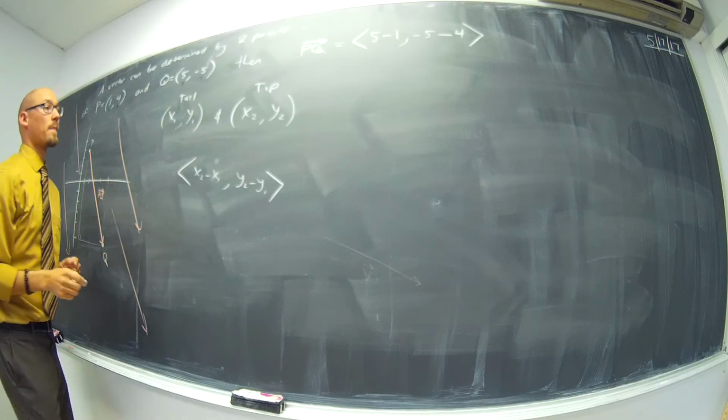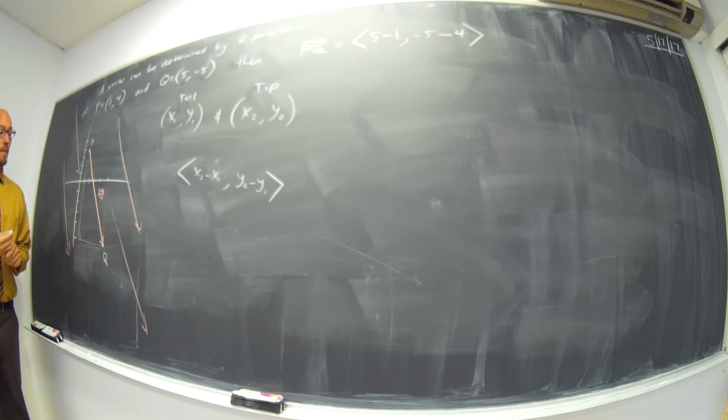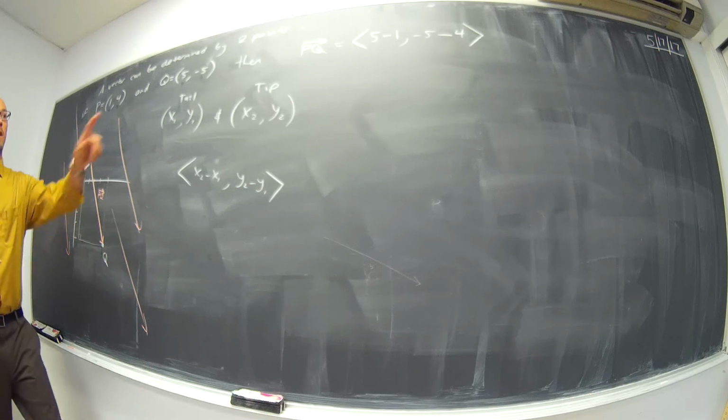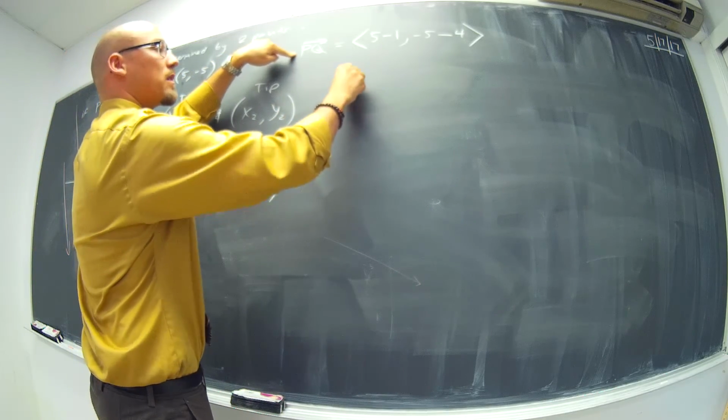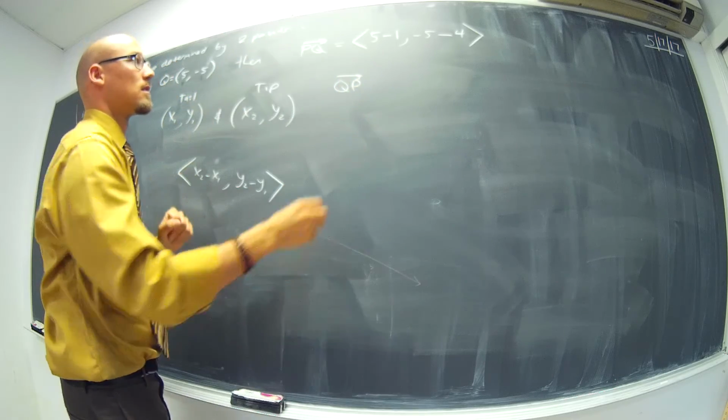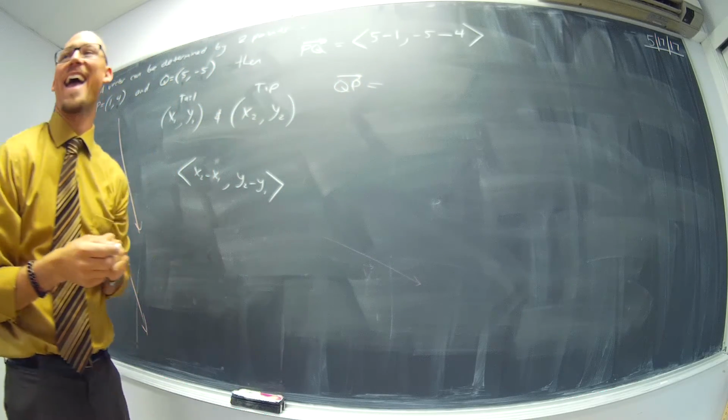I did it that way because if you do it the other way, you'll have the arrow on the wrong side, pointing in the wrong direction. And it matters with vectors, because PQ is different than QP. You gotta mind your P's and Q's.